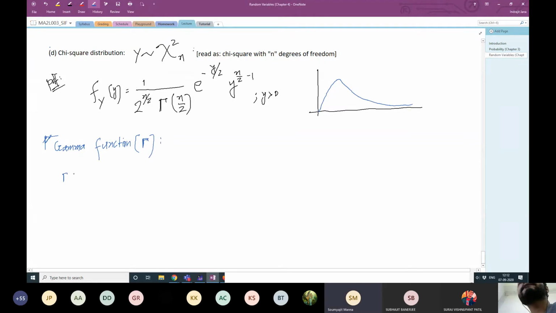For the previous graph you drew for the chi-square distribution, the graph is increasing, reaching a peak, and then decreasing. Is the steepness or the concave nature depending on y or something like that?